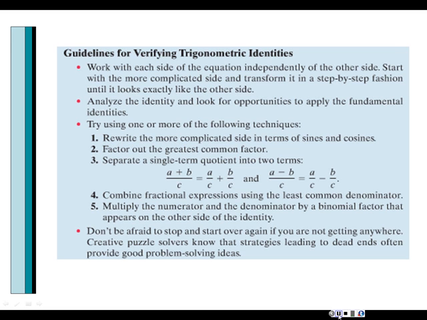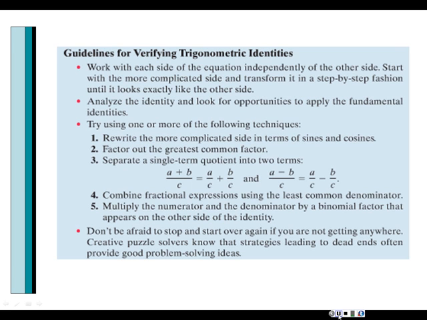Rewrite the more complicated side in terms of sine and cosine. This is probably one of the lessons you'll have seen in most of the cases. In most of the cases, we want to go by sine and cosine. If you don't understand or don't know exactly what to do, one of the options is to just convert everything back to sine and cosine, because everything can be converted to sine and cosine.